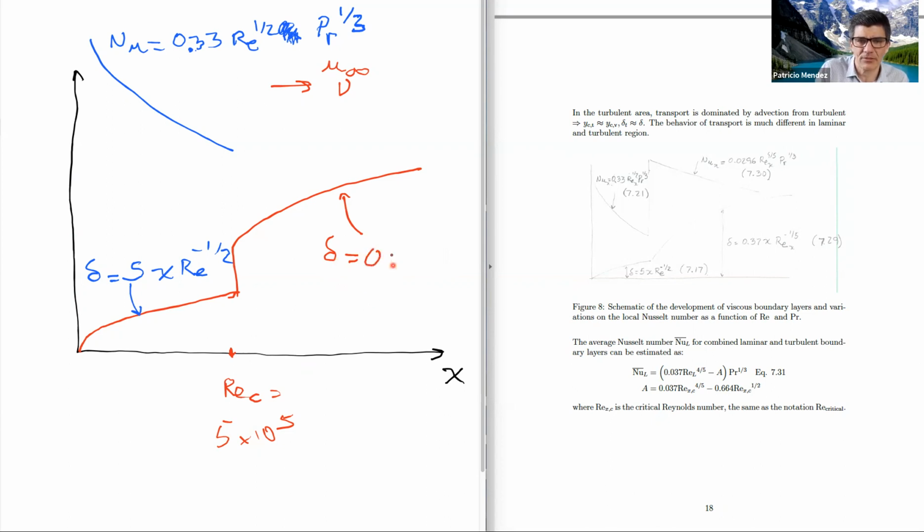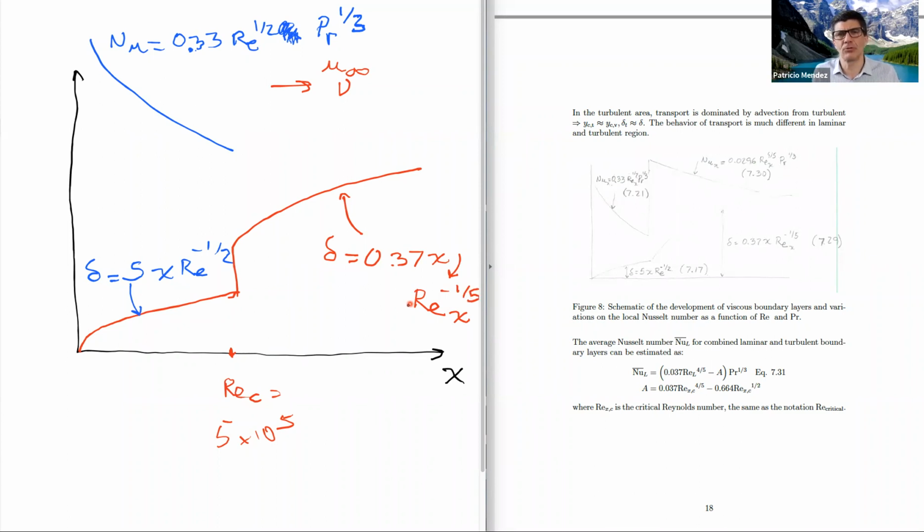So that would be 0.37 x, Reynolds x to the minus 1/5. Check it out, minus 1/5. Why? I don't know why, but it's a fact, and maybe nobody knows why.